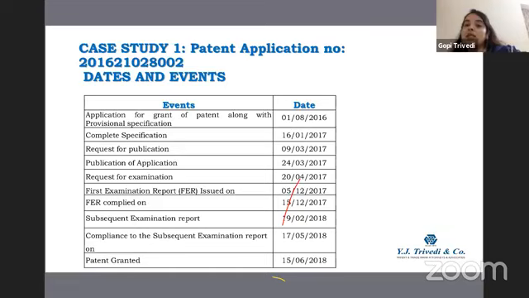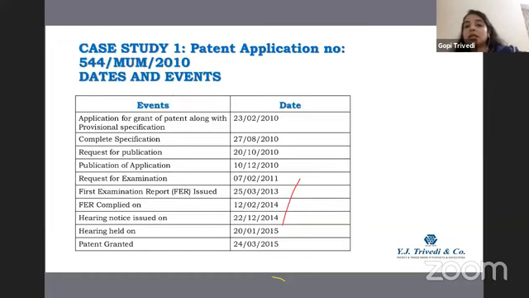Then I received the examination report, which was to mandatorily file within 6 months, which we file within given time. Then we received some subsequent examination report, which we also filed within given time. And then the patent got granted. So this was the one case where the various dates and events are summarized.